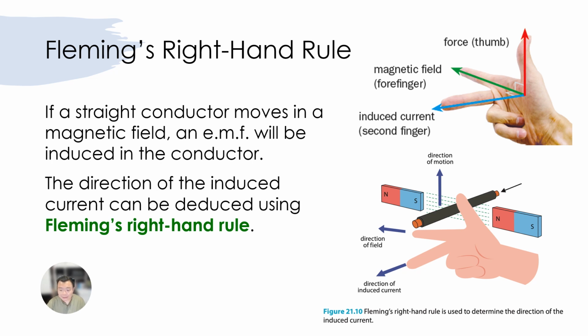Maybe take some time to practice your Fleming's right hand rule when generating the induced current using the example shown on the slide. At the bottom right corner, you see an example where you are moving the wire up towards the top of the screen, and therefore your thumb is pointing upwards, and the magnetic field lines that the wire experiences are from north to south.